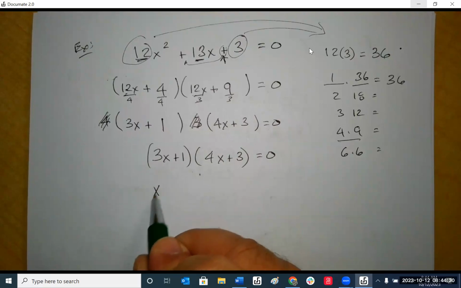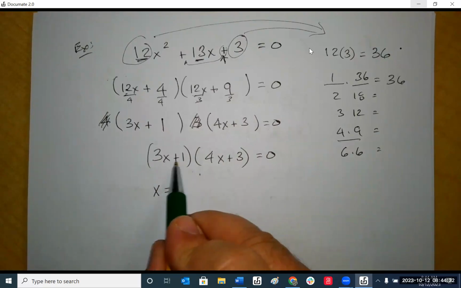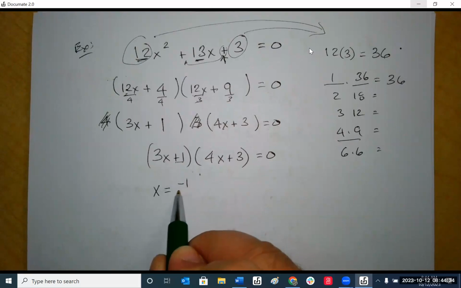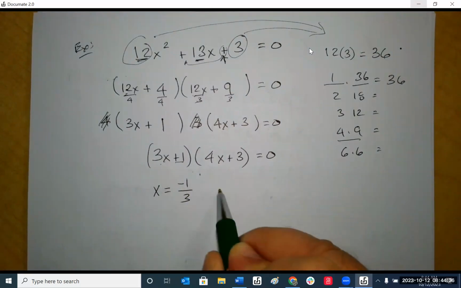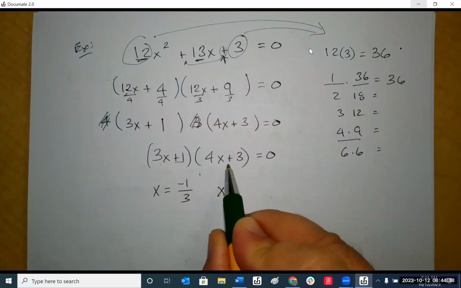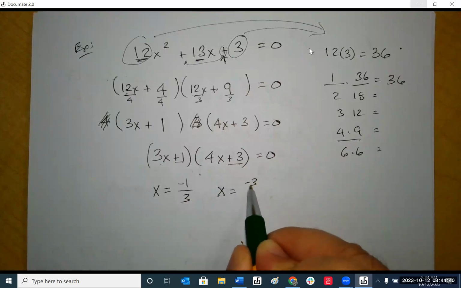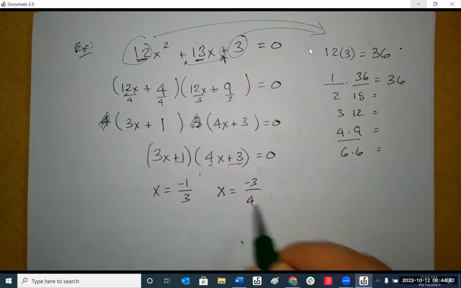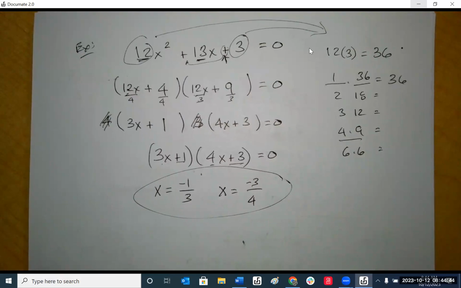Now solve them. This will be opposite signs, so it'll be -1 divided by 3, and -3 divided by 4. Those are your solutions.